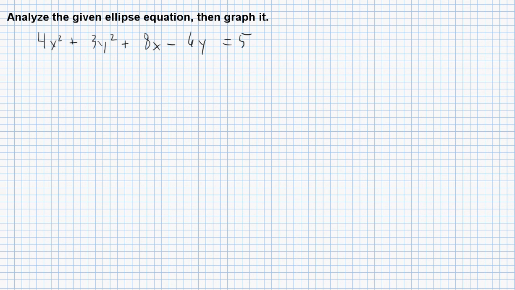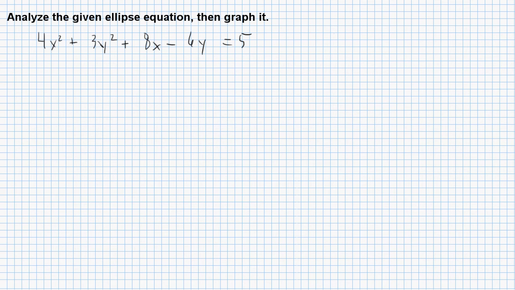So we look here and we see, oh goodness, the equation is not in the vertex form, it's in the standard form. Okay, so that means we have got to put it in vertex form before we can begin to analyze it.